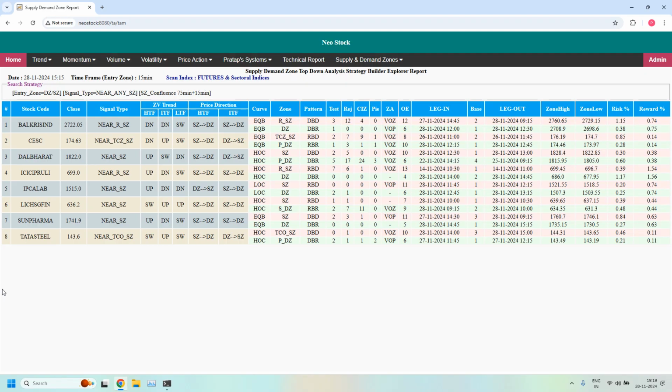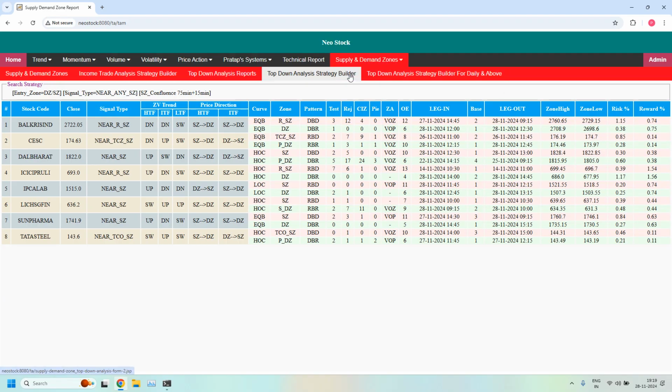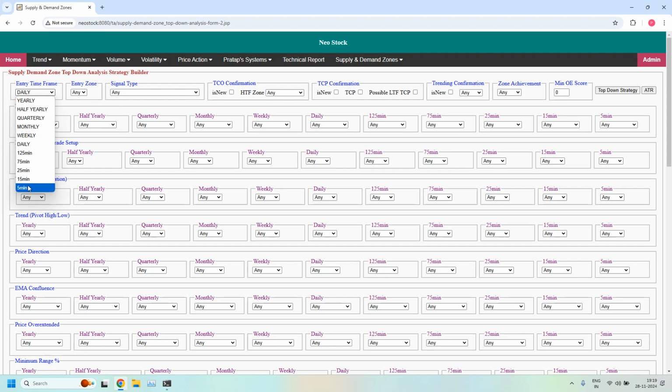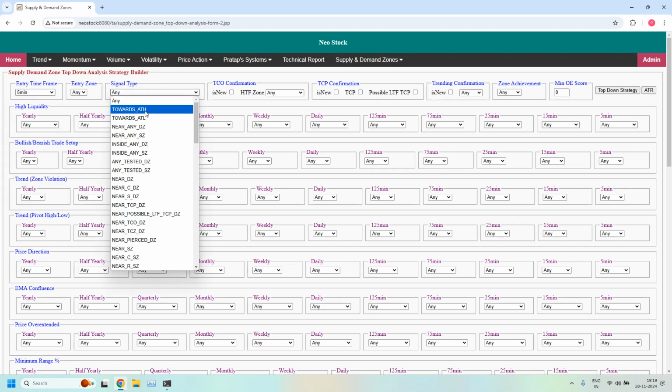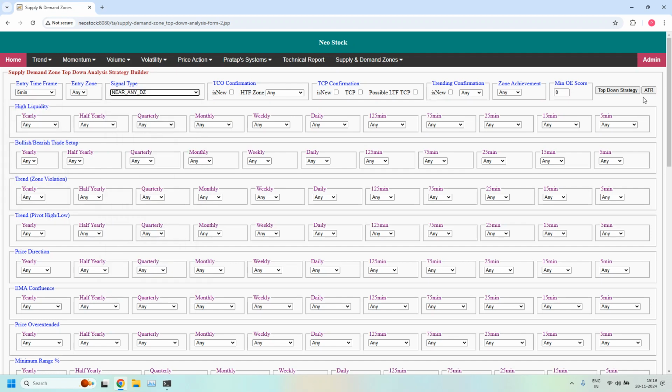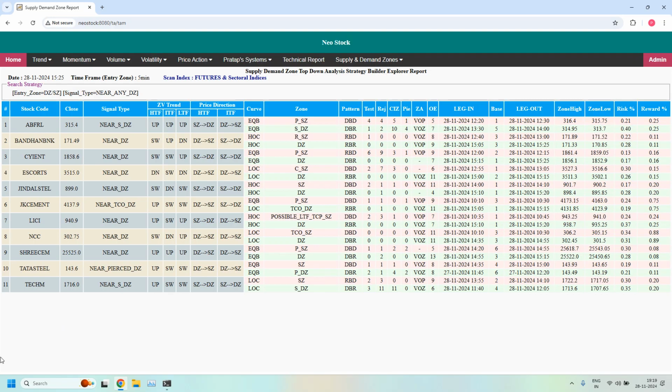Okay, next time frame is 5 minutes. Let's find the stocks near 5 minutes demand zone. 11 stocks are filtered. Out of these 11, how many are having ITF confluence?